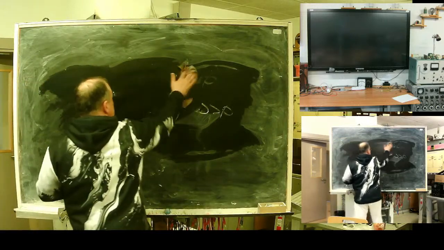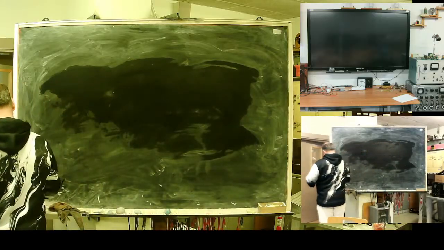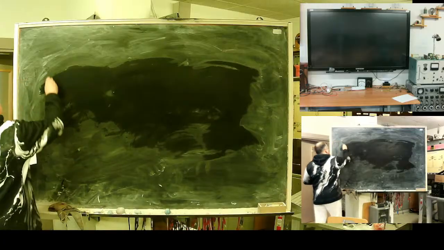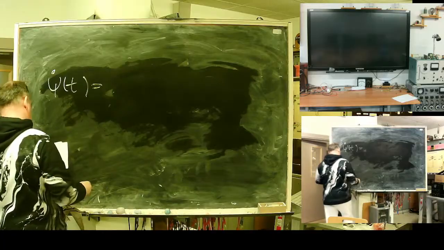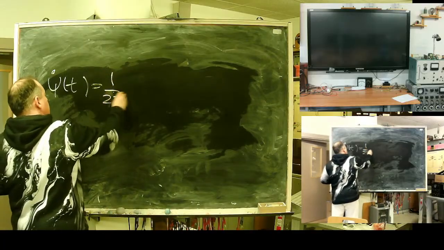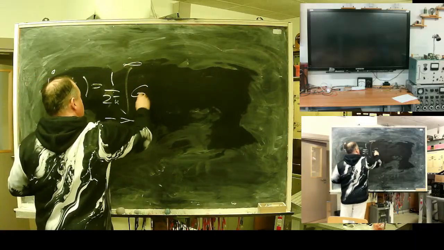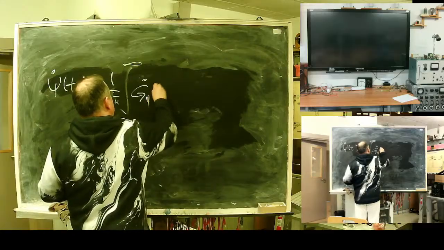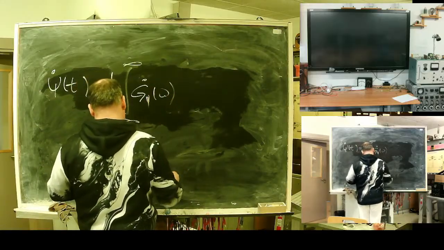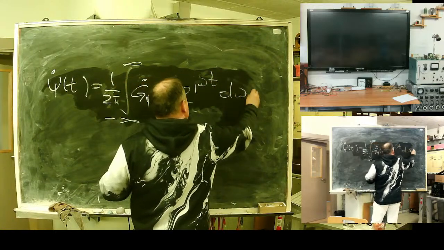The inverse Fourier transform with such a result is known. It will be one divided by the square root of 2 pi, the integral from minus infinity to infinity of G of omega e to the power j omega t d omega.